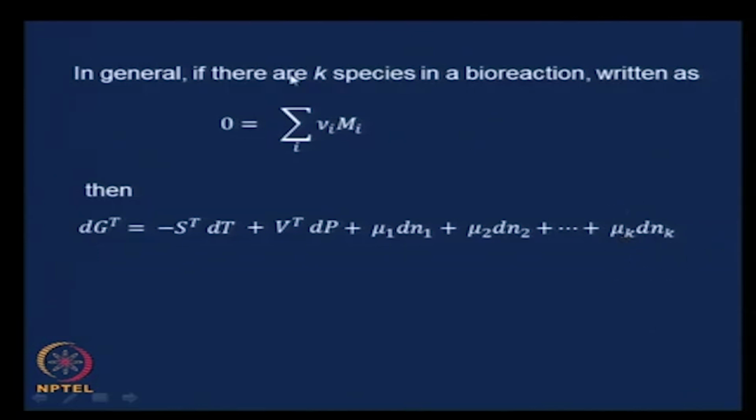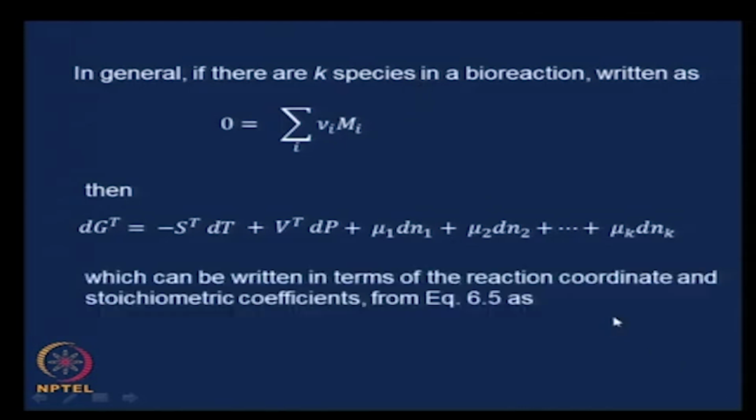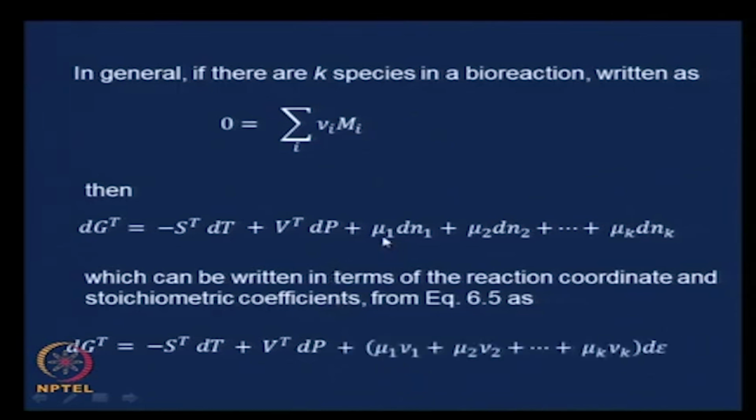This is where we said that there are k species in the bioreaction, and if we write this in terms of the reaction coordinate and the stoichiometric coefficients from equation 6.5, we get dG_t equals minus S_t dT plus V_t dP plus mu_1, where dn_1 we could write as nu_1 d epsilon, dn_2 as nu_2 d epsilon, and so on, and therefore mu_1 nu_1 plus mu_2 nu_2 and so on plus mu_k nu_k times d epsilon.